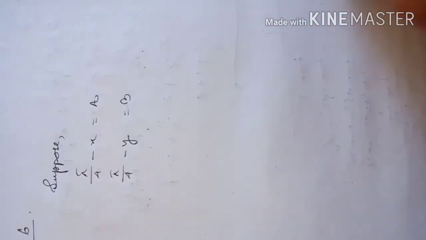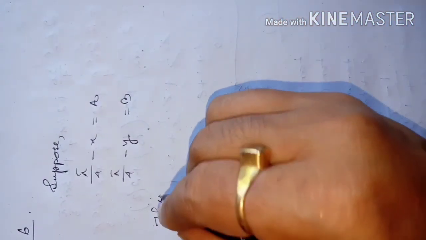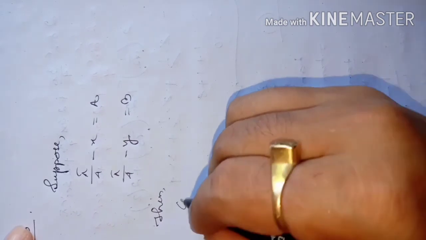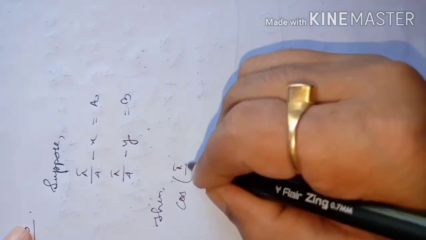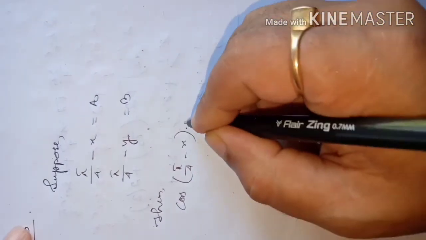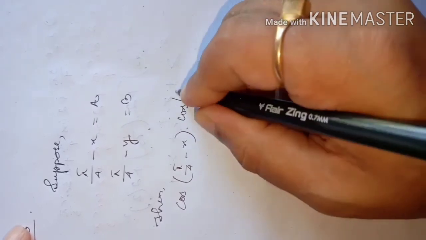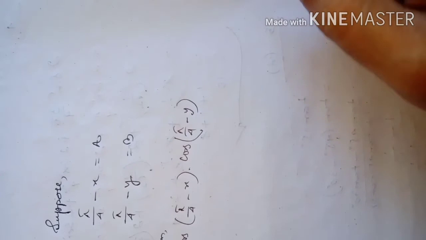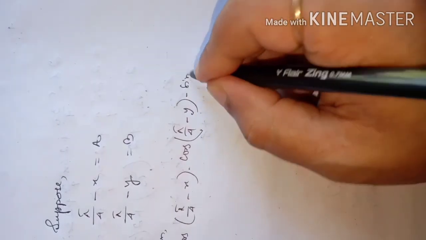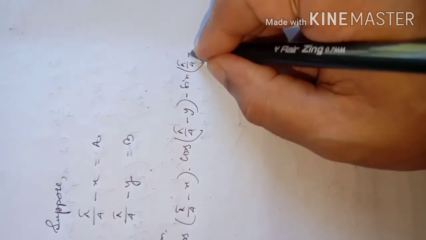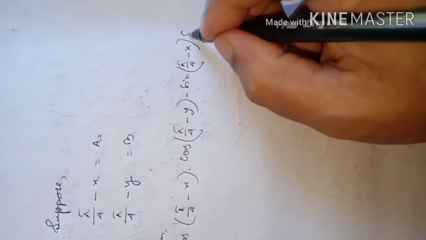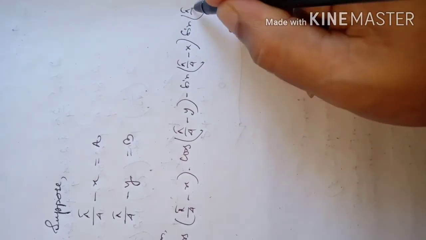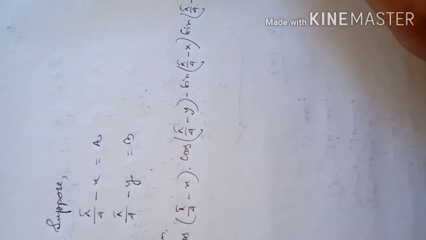Then this expression will get reduced to like this: cos of pi by 4 minus x and cos of pi by 4 minus y, then minus sine of pi by 4 minus x and sine of pi by 4 minus y. This was there.